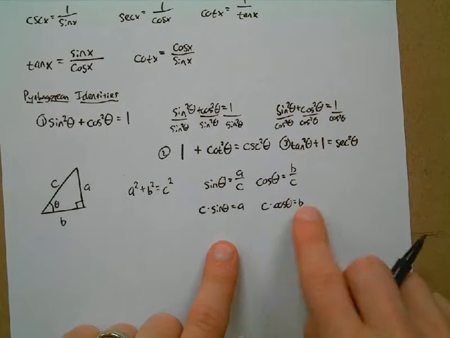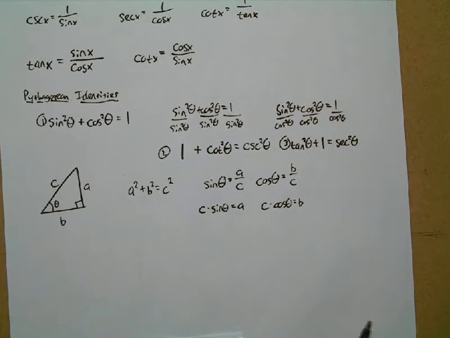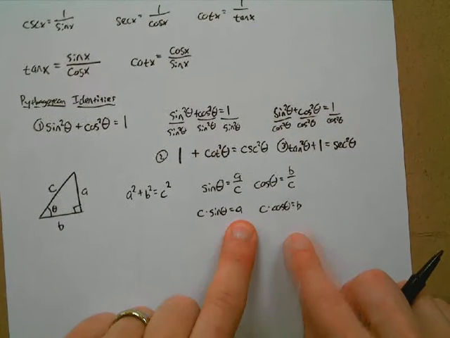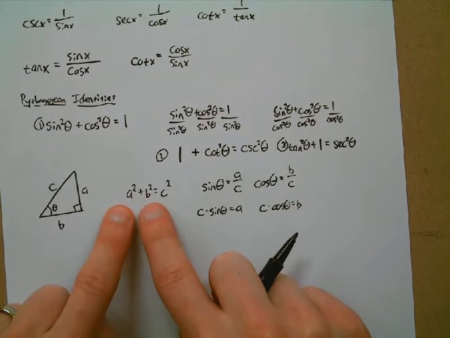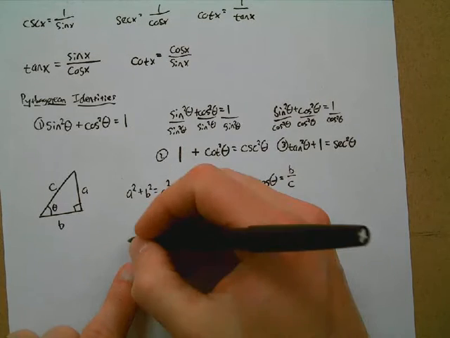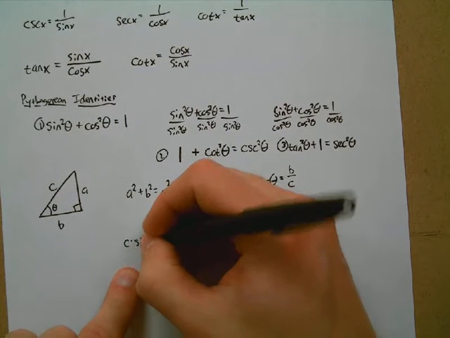So we can substitute: C times the sine of theta, quantity squared, plus C times the cosine of theta, quantity squared, equals C squared.